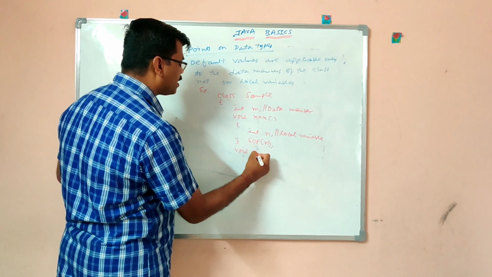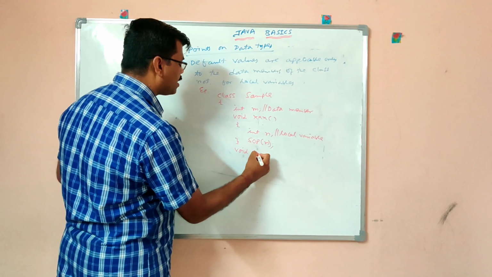If you are not initializing the local variable and try to use it, it goes with an error message. So what is the next point to remember here? Local variables need to be initialized. If you have any local variable, we have to initialize it.